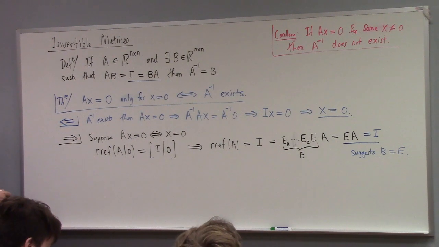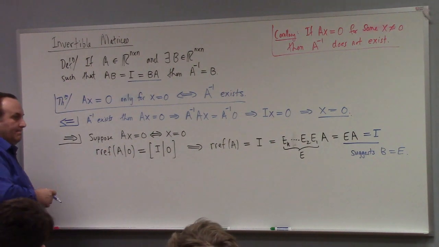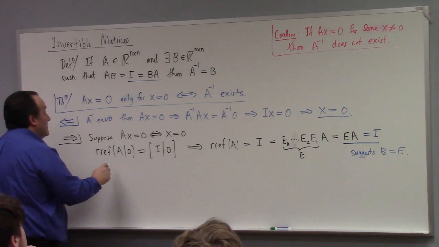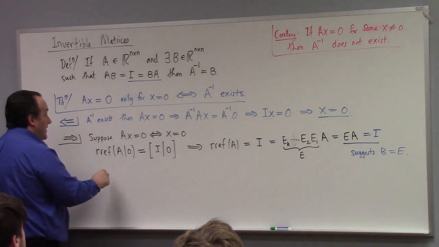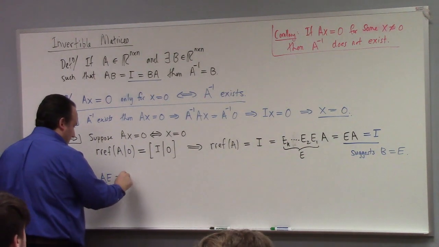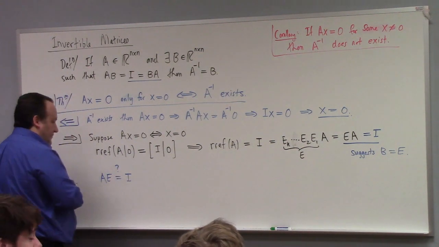So that's half the battle. What else do I need to show? I also should show that AE is equal to I. So the question is, why is that true?